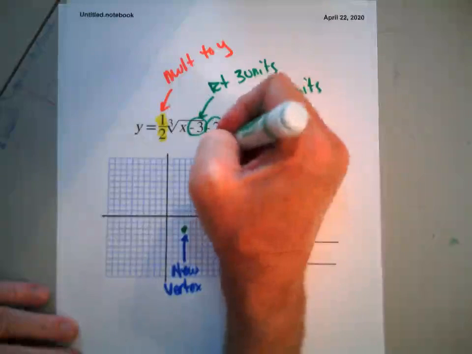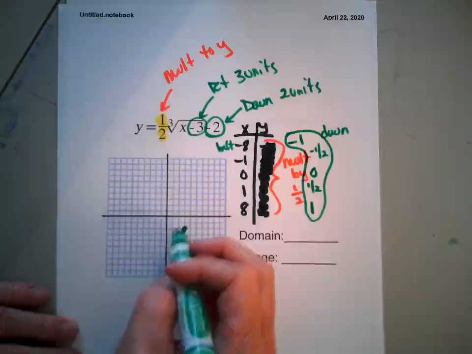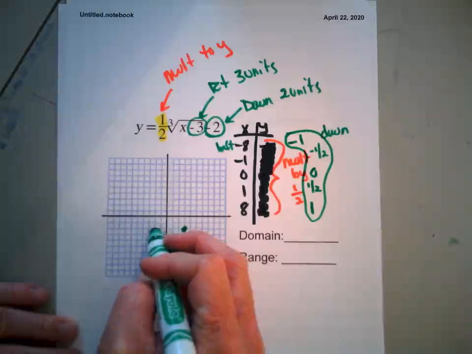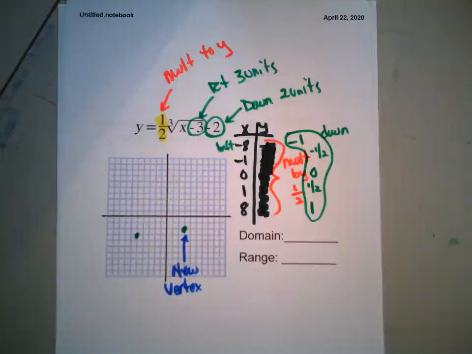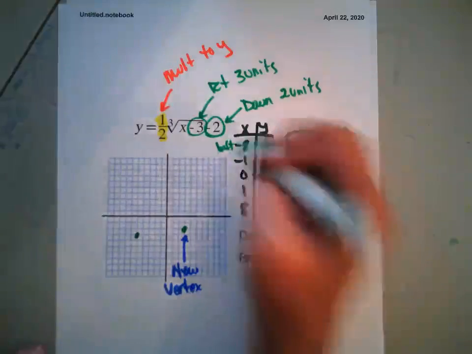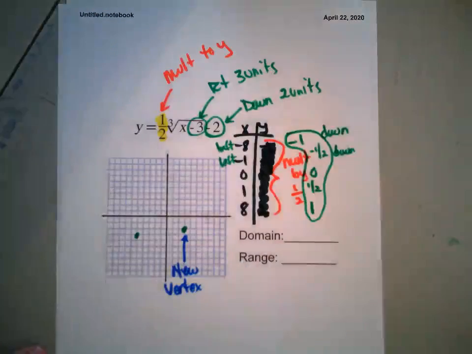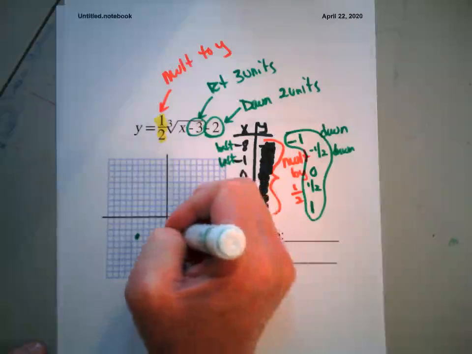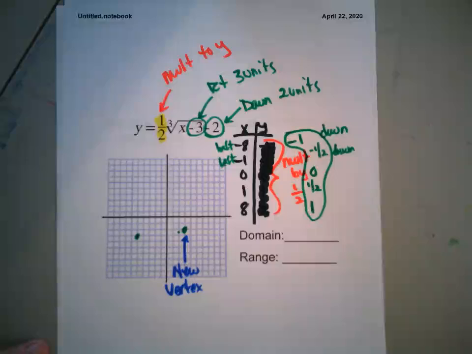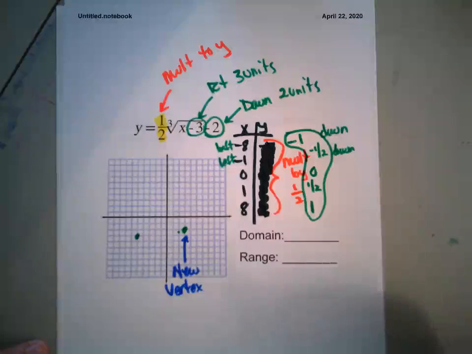All right, so that is left 8, down 1. So 1, 2, 3, 4, 5, 6, 7, 8, down 1. Left 1, down half. So this isn't going to look like much. It's going to be real tight. So it's going to be halfway in between the two horizontal lines there. 0, 0, that's the new vertex.